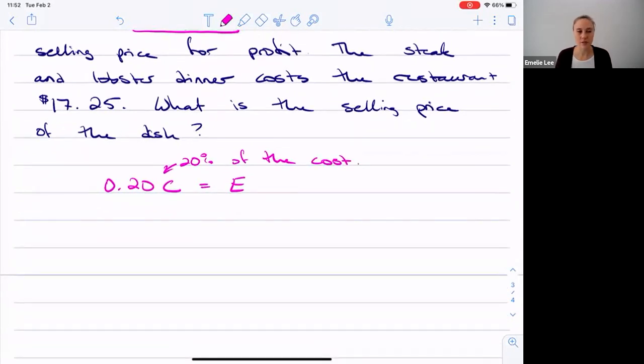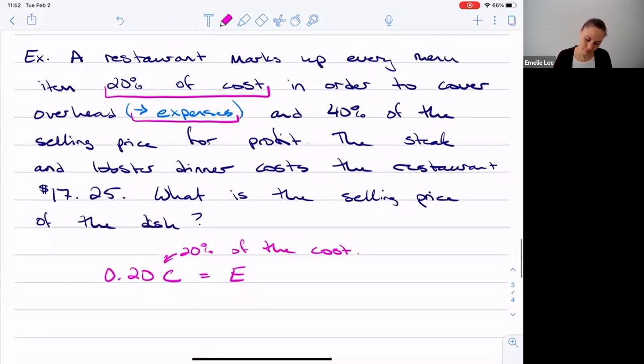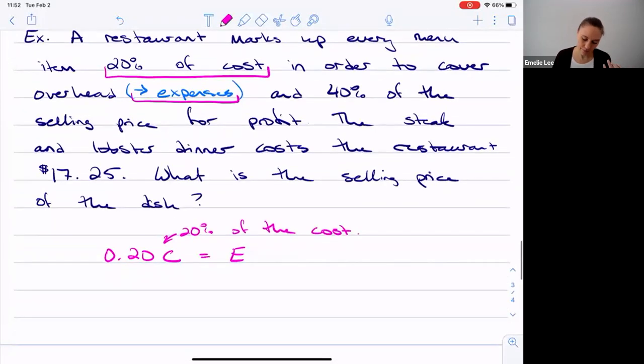So that's how you're going to transform this thing into information that you actually have. Okay, so 20% of the cost, 0.2 times C. And that's how you're going to read any, 30% of some value, 0.3 times that value, right? So 0.2 times C is E.